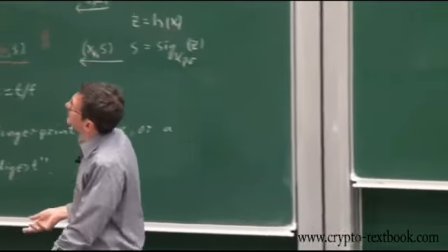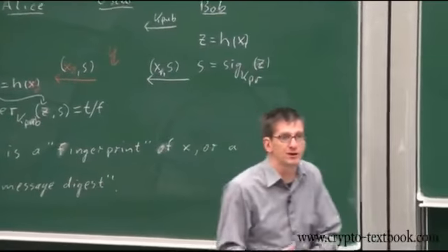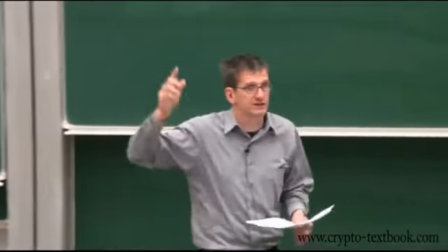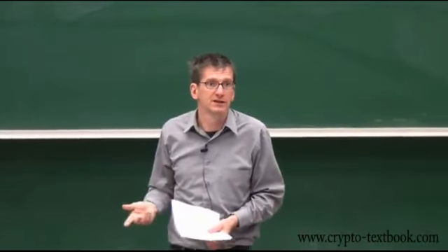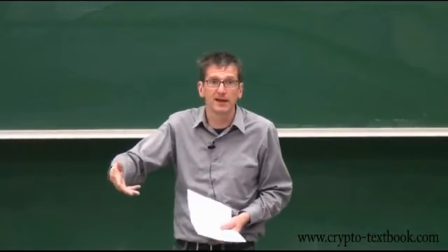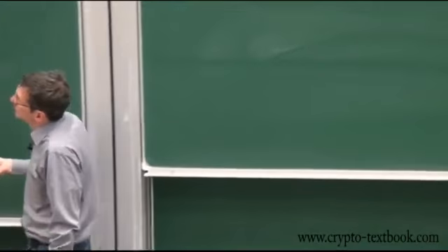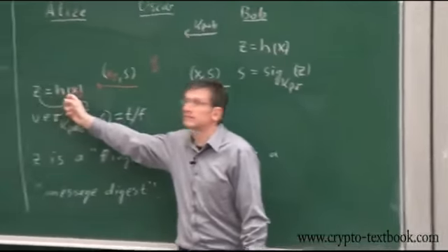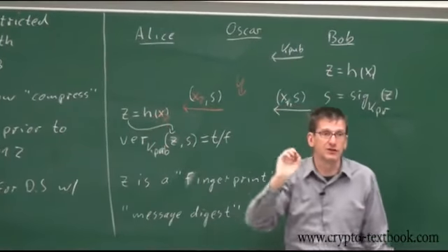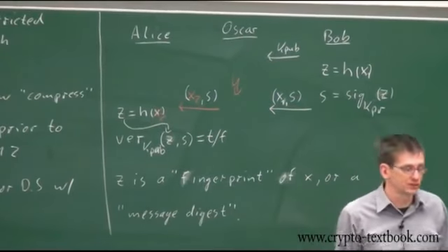We want to have second pre-image resistance. So somehow we want to build hash functions where this attack doesn't work. Okay? What it boils down to, also am Ende, Endresümee, is that Oscar should not be able to find an x2. If he knows x1, he should not be able to find x2.